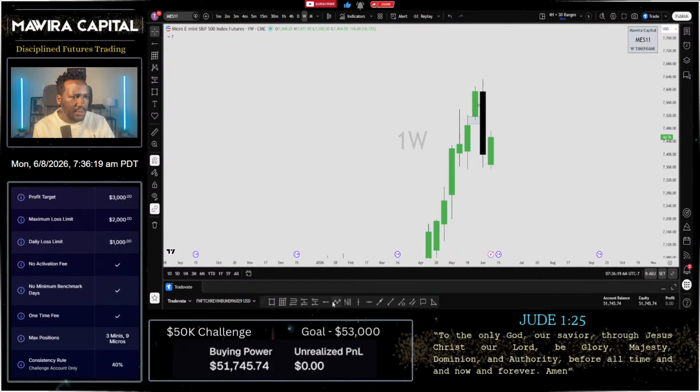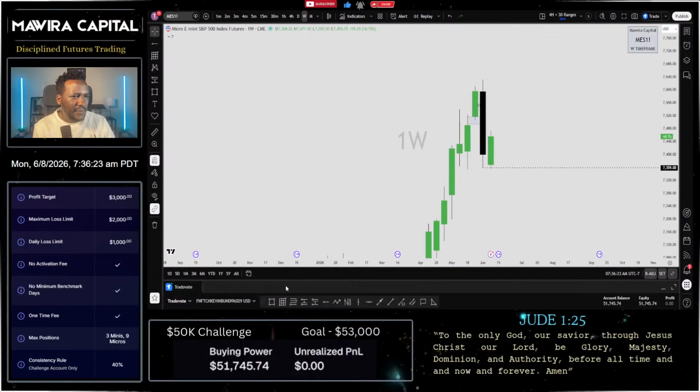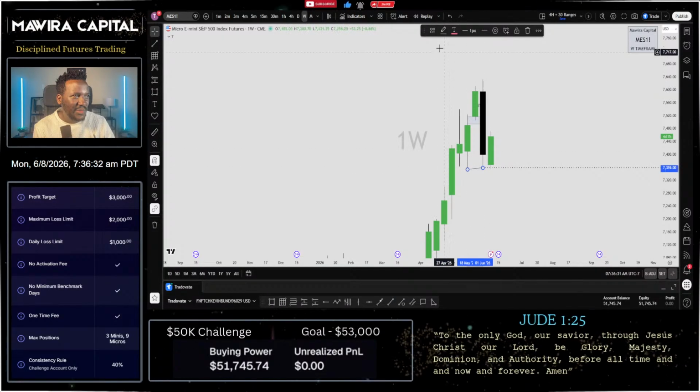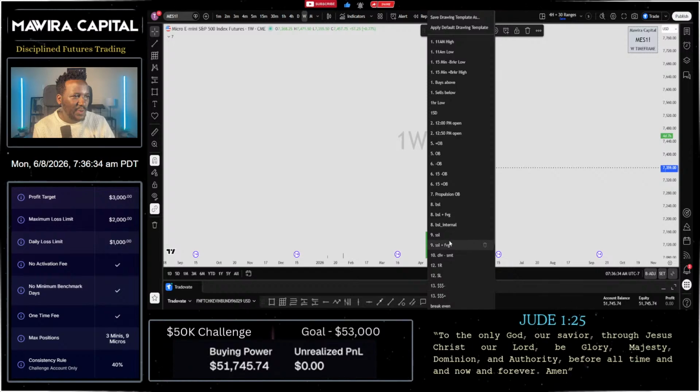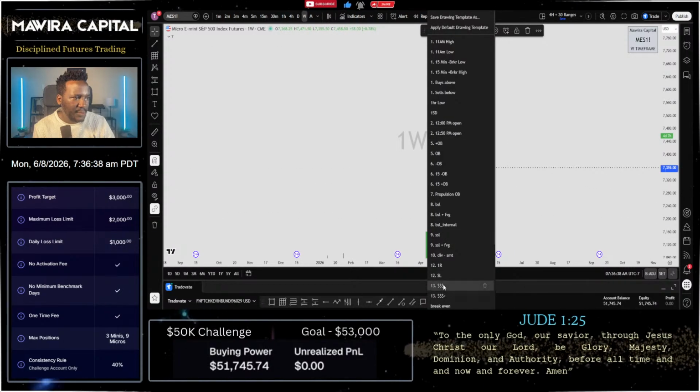So we might be retracing to the upside, but this low is just too good. That to me is like sell side, yo. But when it's slanting, I like to put the money signs.